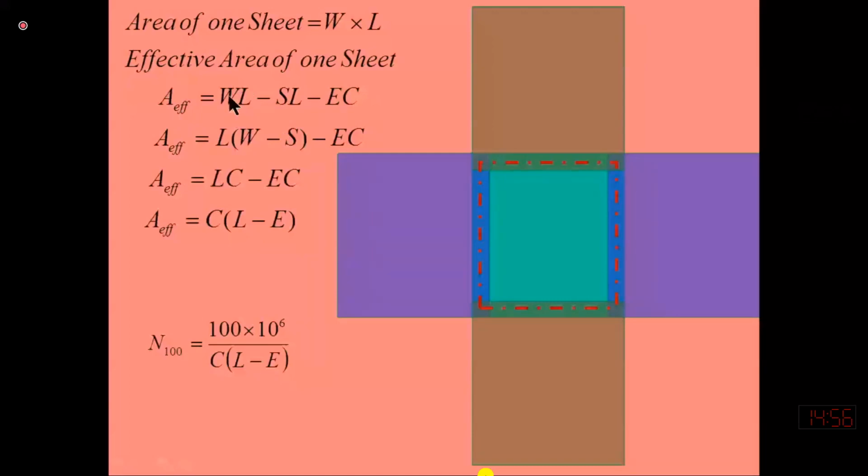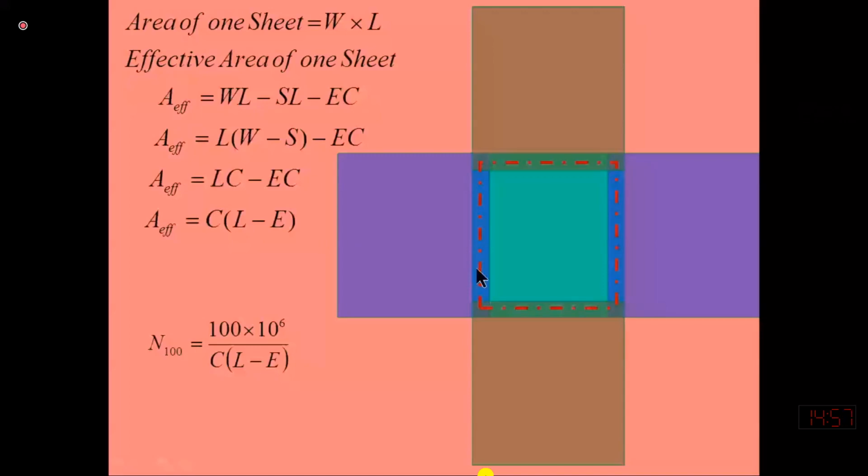So I need to subtract S into L, where S is the side lap. Half of the side lap is on this side, half of the side lap is on the other side.